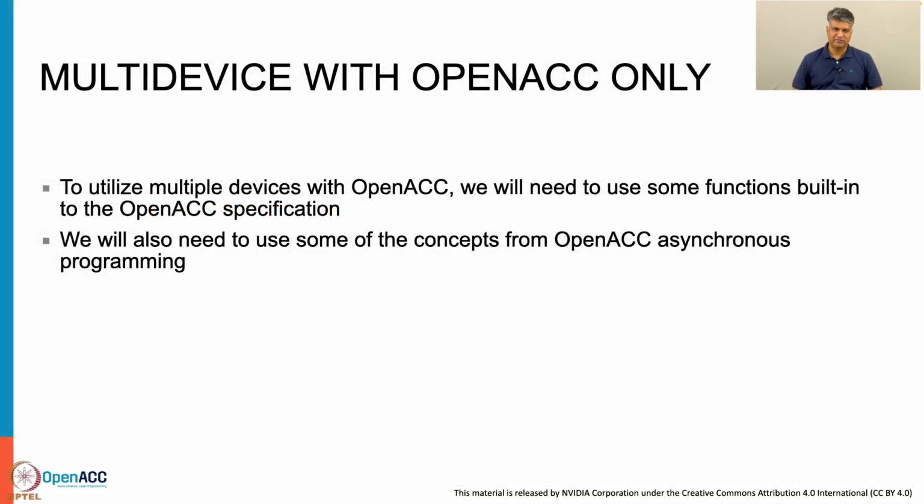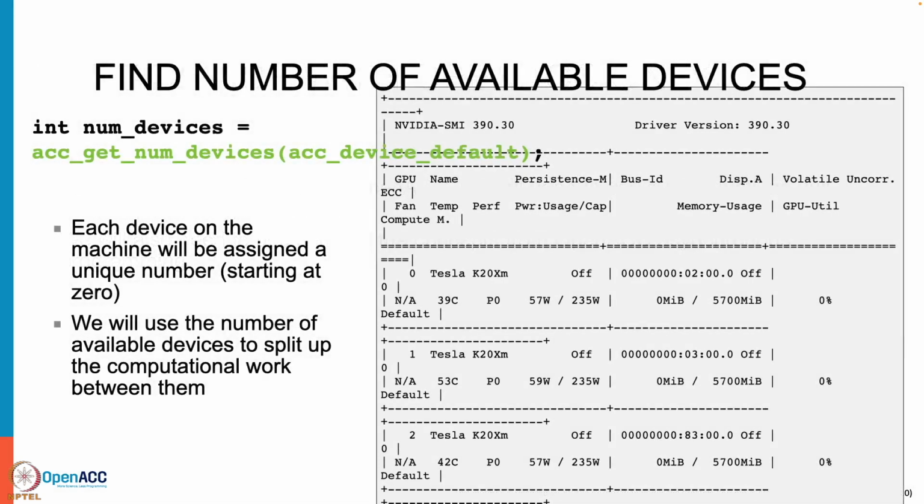To utilize multiple devices with OpenACC, we will need to use some built-in functions of the OpenACC specification. We will also need to use some of the concepts from OpenACC asynchronous programming. First, we need to figure out the number of available devices. So you need to use the function acc_get_num_devices.